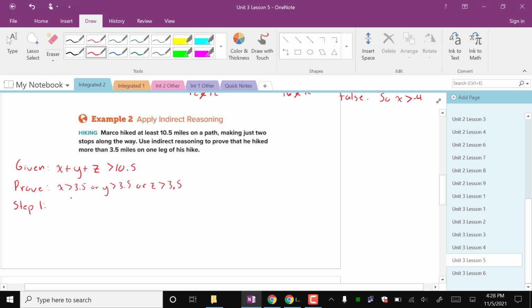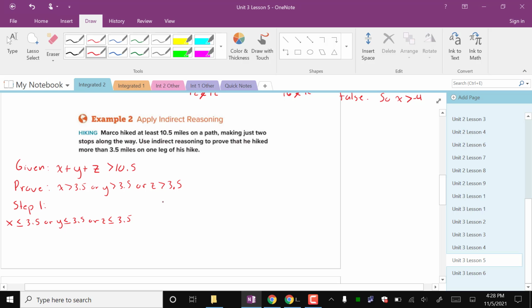We want to prove that he went more than 3.5, so we're going to assume the opposite. x is less than or equal to 3.5, or y is less than or equal to 3.5, or z is less than or equal to 3.5. So we're making the opposite assumption here for step 1.